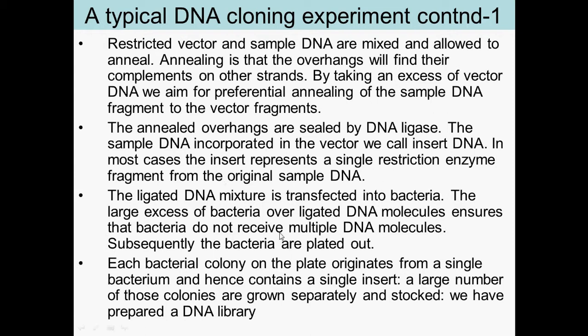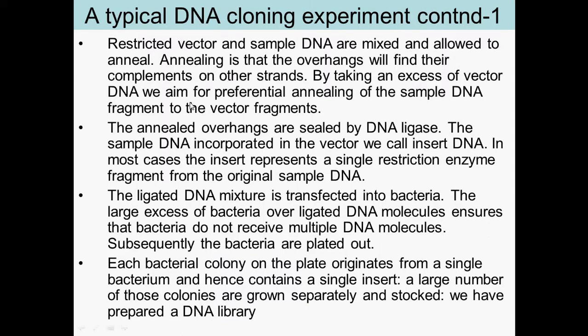There's lots of bacteria, a large excess of bacteria, to make sure that you don't get two plasmids into one bacterium. And then each colony of bacteria is genetically identical, so they have the same exact DNA composition. And each one of those colonies is grown separately and stocked, and then we have a library, a DNA library.